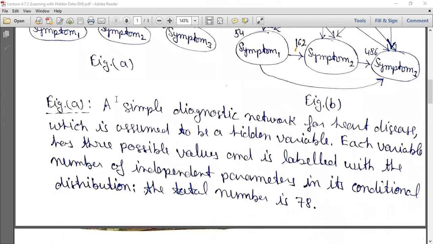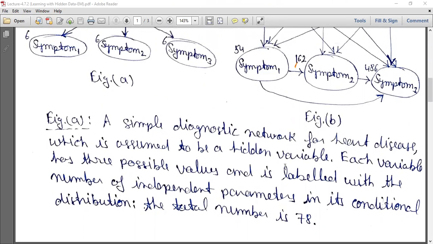Okay. So figure A is a simple diagnostic network for heart disease, which is assumed to be a hidden variable. Each variable has three possible values and is labeled with the number of independent parameters in its conditional distribution.